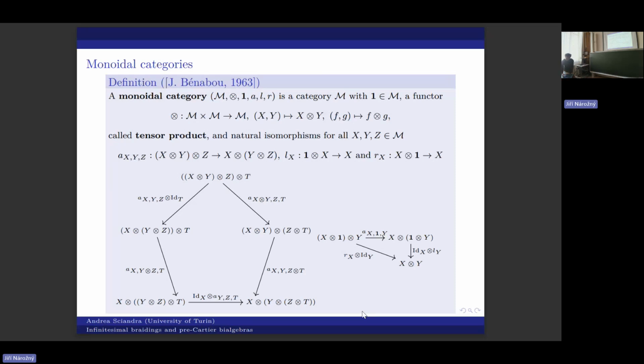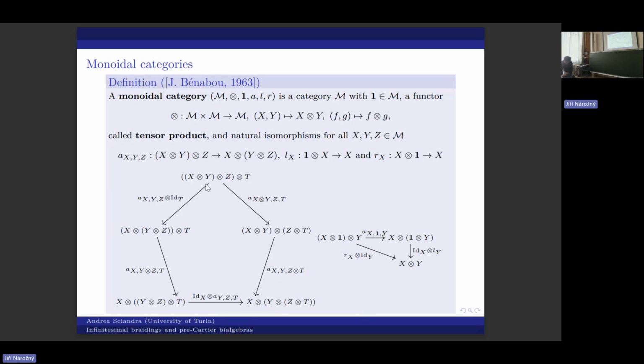And you can see that the first one tells you if you start with an object of this form where all the parentheses are on the left side, and you want to arrive here where all the parentheses are on the right side, you can do two paths, let's say, and this must be the same.